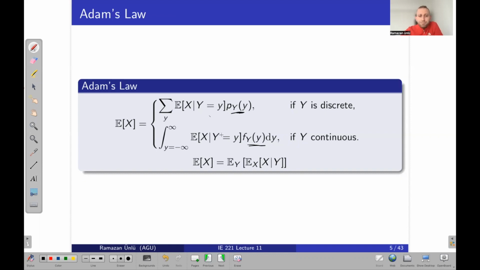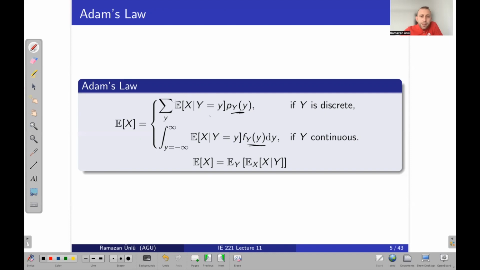Everything else is the same. I can use these formulations to calculate the unconditional expected value of a random variable, or I can use a more compact way, which is the expected value of X, which is equal to the expected value of the expected value of X given Y.